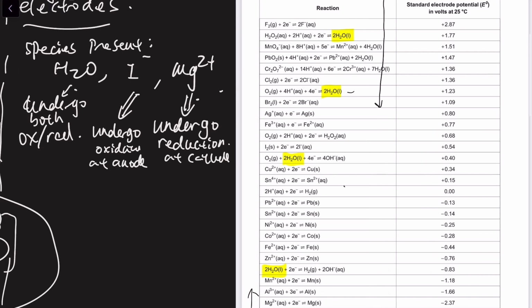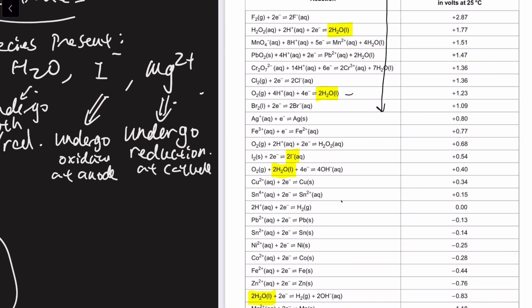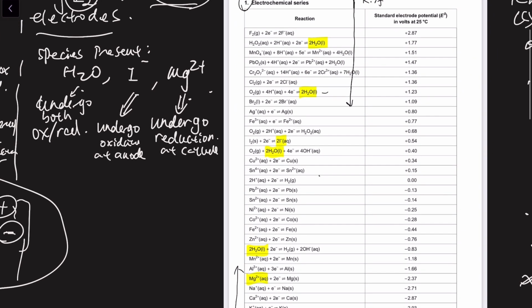And now let's look at the I minus ion. It is here, and can only undergo oxidation at the anode. The magnesium 2 plus ion is here. So that's all the species present in the system. Based on the rule we have discussed before, we want to find the two closest species, and they will be the ones reacting.